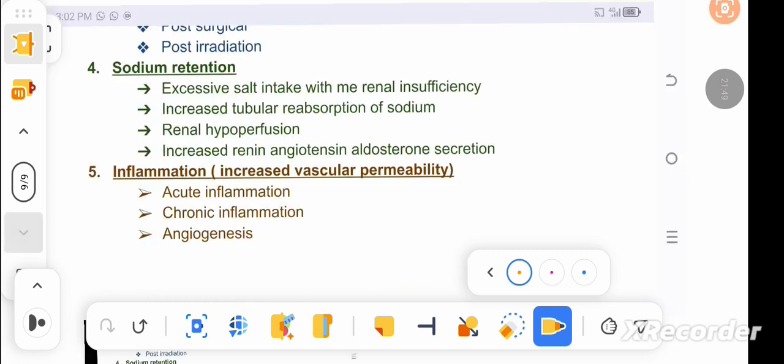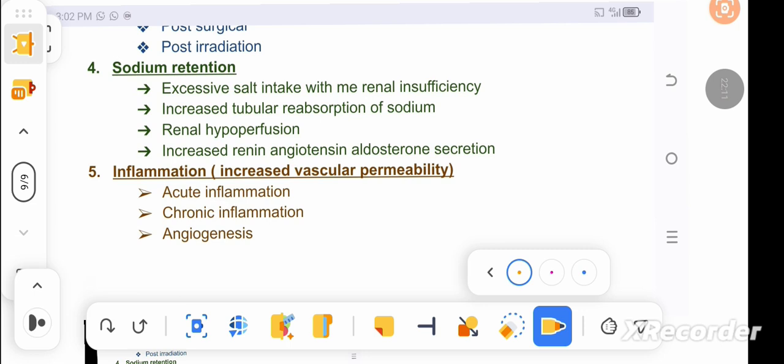Then apart from this, we have sodium retention, as we have seen in the renin-angiotensin-aldosterone system. If we have sodium retention, that can also cause increased blood volume, which will lead to increased hydrostatic pressure, causing edema.